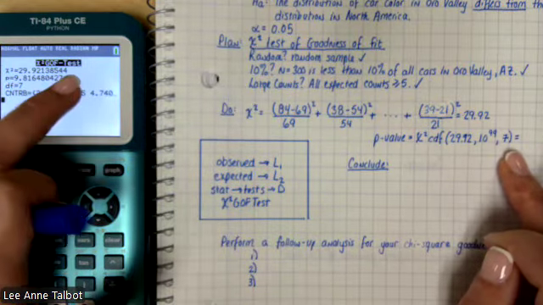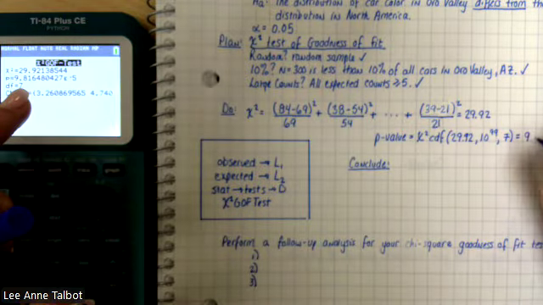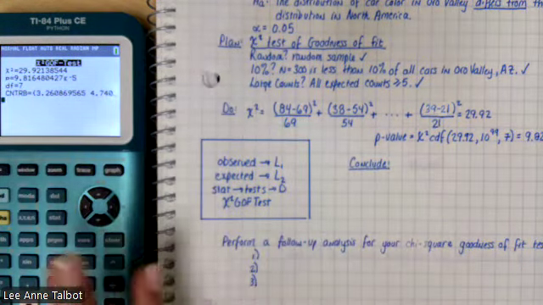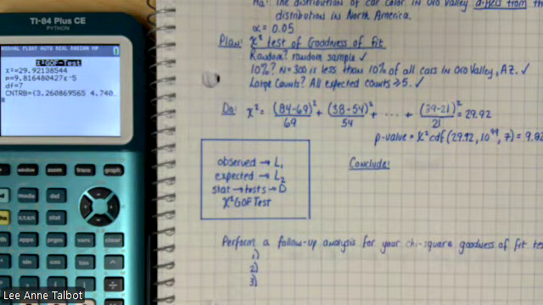It's 9.82 times 10 to the negative 5. So the calculator does the whole step at once. That doesn't mean that you get out of showing it though.